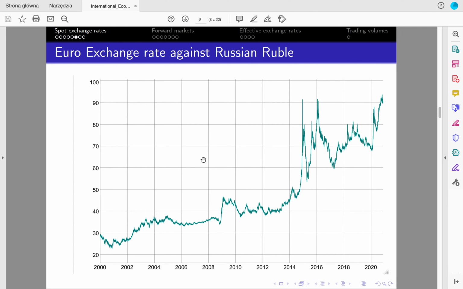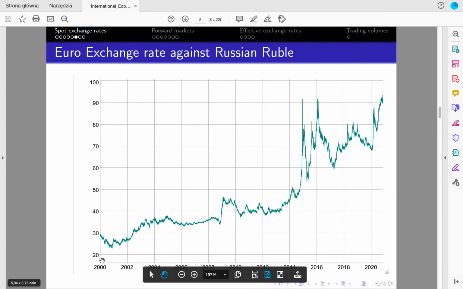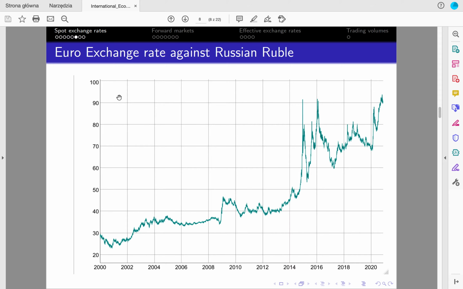Because in the next graph, we have the Russian ruble. And here you see that at the very beginning you could sell 1 euro and get around 29 rubles. But after 20 years, now we can sell 1 euro and buy around 94 rubles.